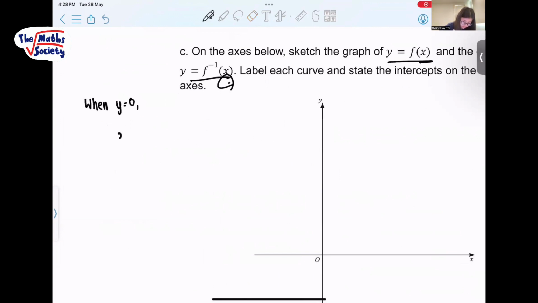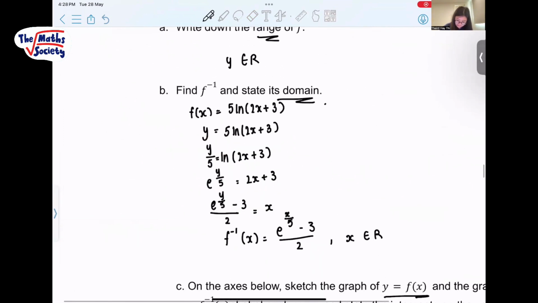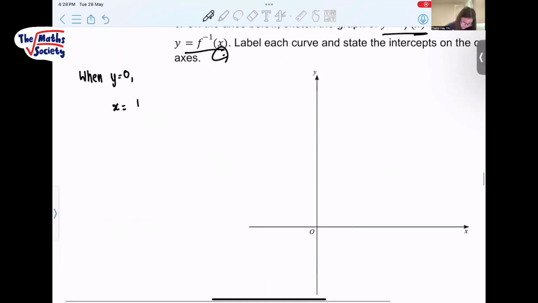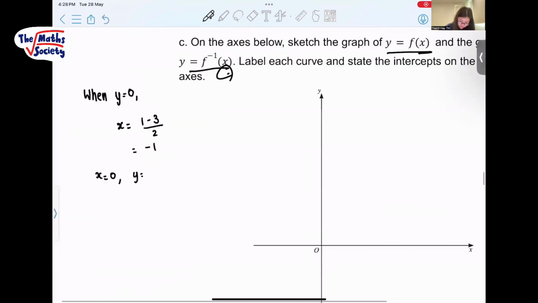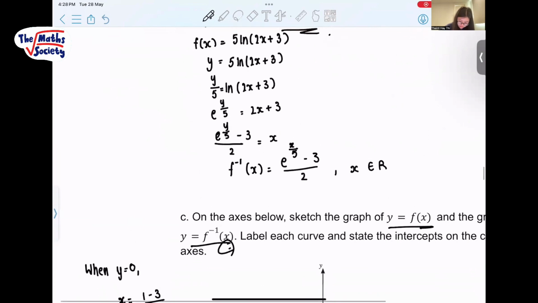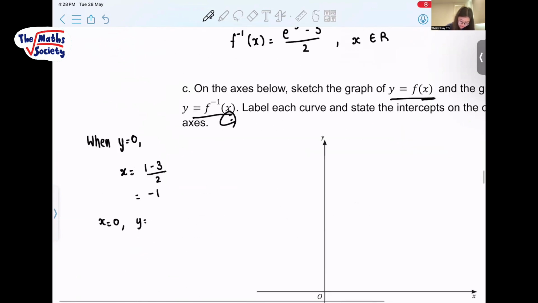So y equals 0, x is just going to be 1 minus 3 by 2, which is minus 1. And when x is equal to 0, y is just going to be 5 ln 3.